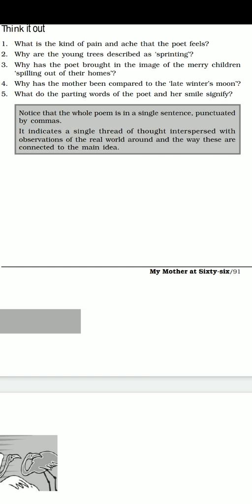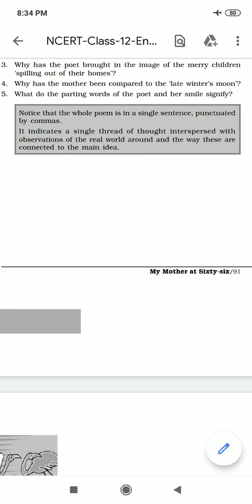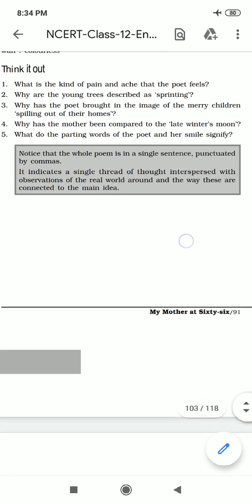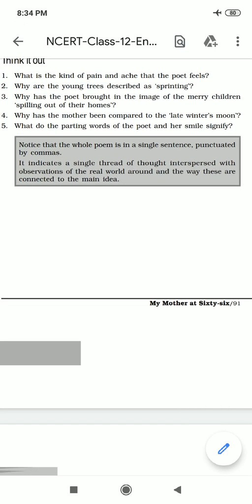Number 3. Why has the poet brought in the image of the married children spilling out of their homes? What was the atmosphere inside the car? The poet was undergoing painful feelings. She was thinking about the death of her mother. She was undergoing unhappiness.